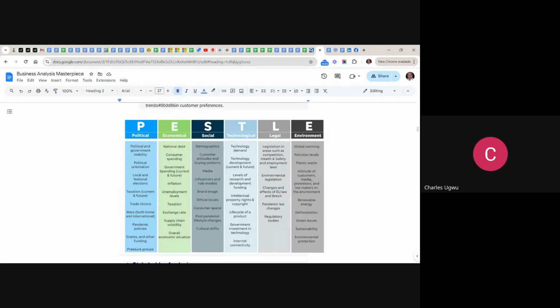This is where you can use the social aspect of PESTLE to analyze what the age brackets are of the people that are sensitized about social media. If you are targeting people between the ages of 65 to 70, only a few of them might respond or join if we are pushing our campaign.